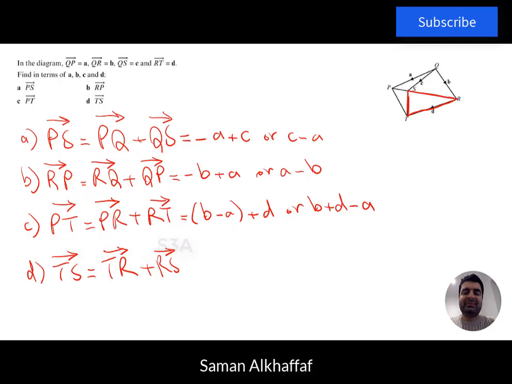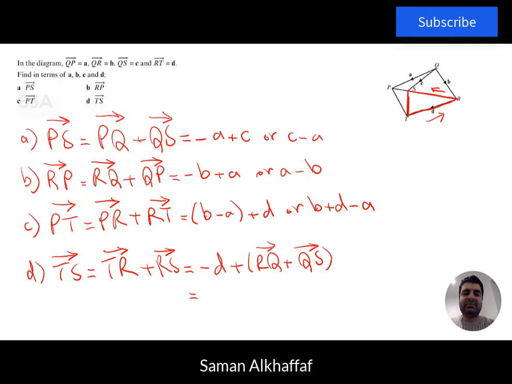So now we know RS comes from two vectors. TR is, because we're moving in this direction and then coming back here, we're taking a negative D, plus RS, which comes from two vectors, the RQ vector and also the QS vector.